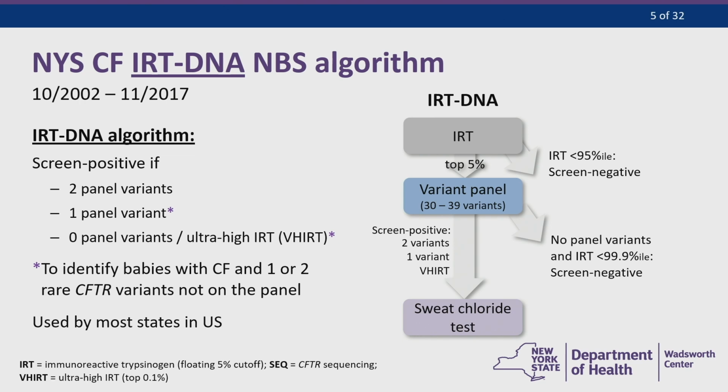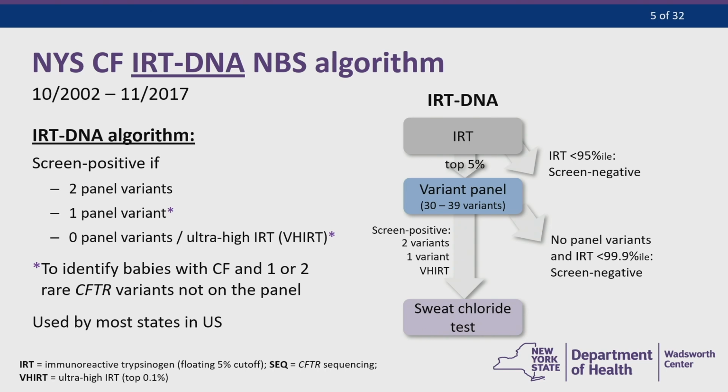So just a quick refresher on our algorithm. We started screening in New York State in 2002 using an IRT DNA algorithm. This is what most IRT DNA algorithms look like in some form. In New York, we screen all babies for immunoreactive trypsinogen.